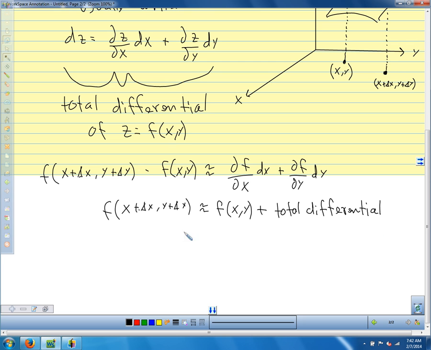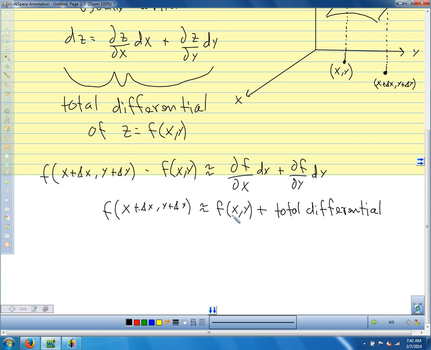So we approximate our function value by using the total differential as the change in the height of our tangent plane, to approximate the change in the height of the surface.